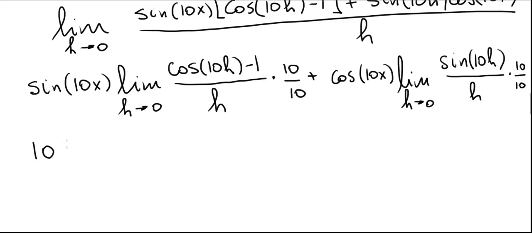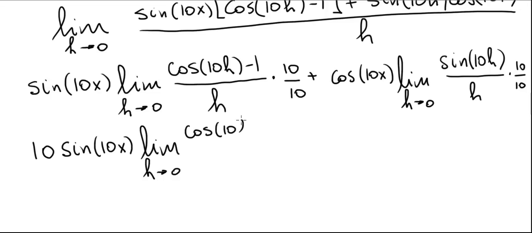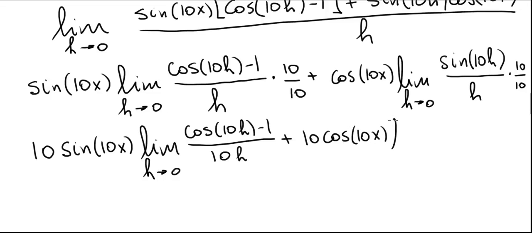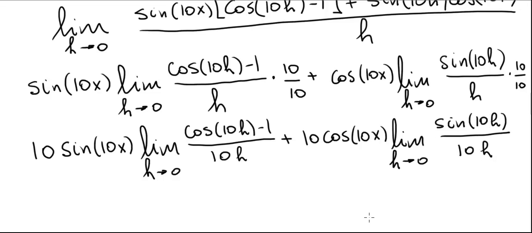So this becomes 10 times sine of 10x times the limit as h approaches 0 of cosine of 10h minus 1 over 10h, plus 10 times cosine of 10x times the limit as h approaches 0 of sine of 10h over 10h. Let's make the following substitution. Let y equal 10h.